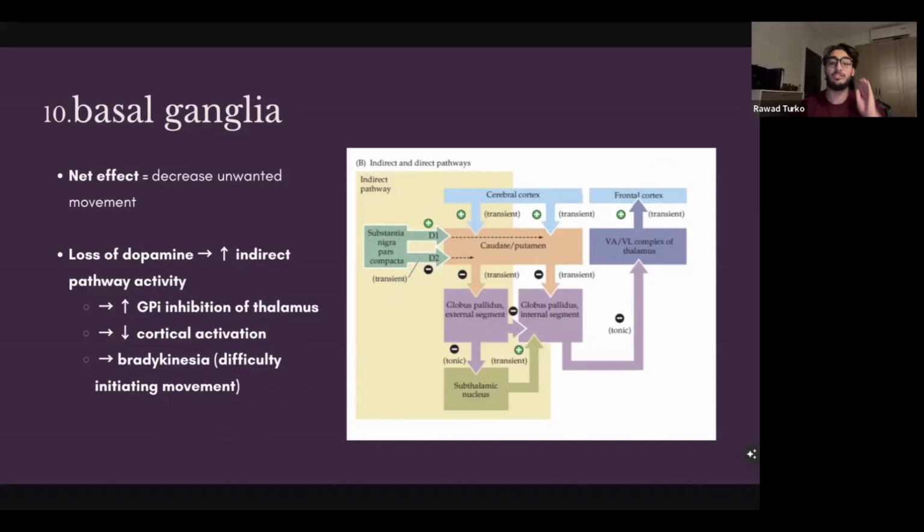The role of dopamine is always to increase movement. You can do that either by activating the direct pathway to initiate movement, or by inhibiting the indirect pathway to increase movement. If you have loss of dopaminergic neurons, you're going to have trouble initiating movement because of inhibition of the direct pathway, and you're going to have bradykinesia because of overactivation of the indirect basal ganglia pathway.